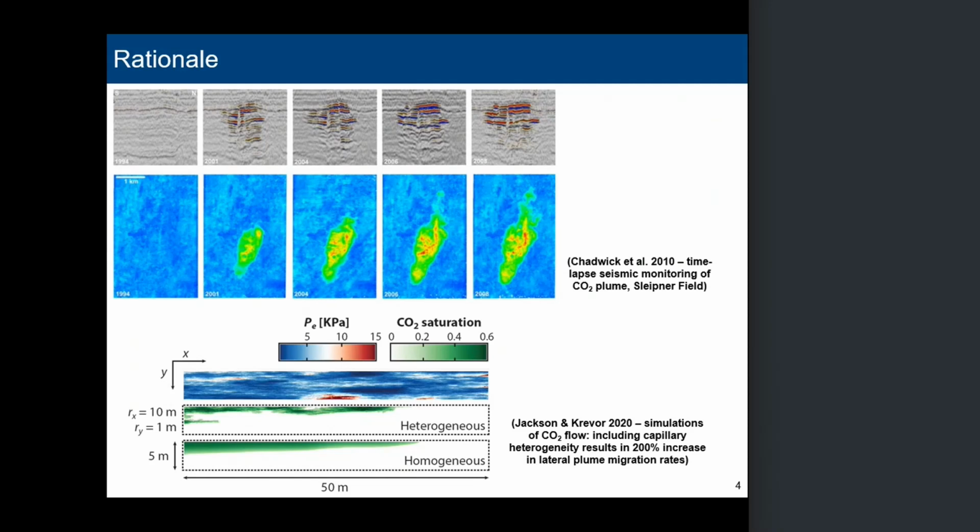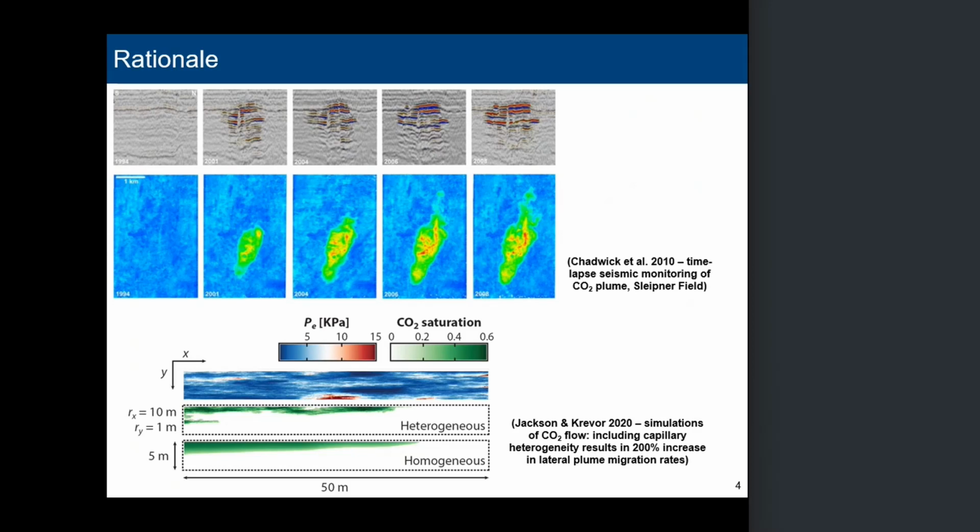This bottom image shows the output of some numerical simulations. Here we're showing a pressure field at the top, but the key thing is these two diagrams. We're looking at a cross section, injecting CO2 on this side of the model and producing it here.